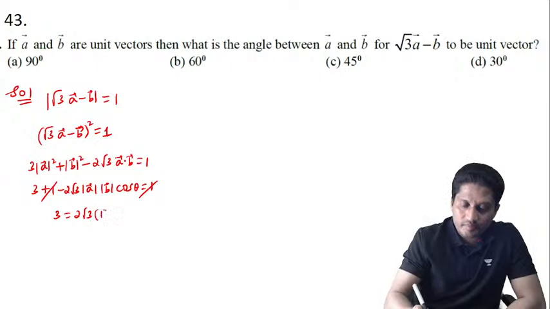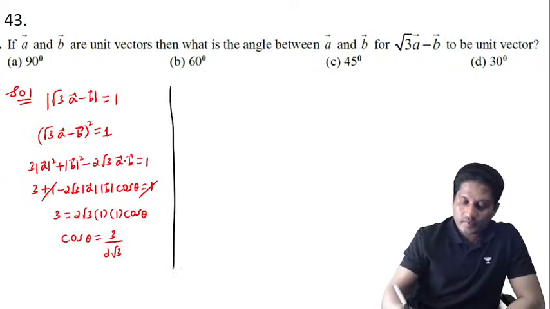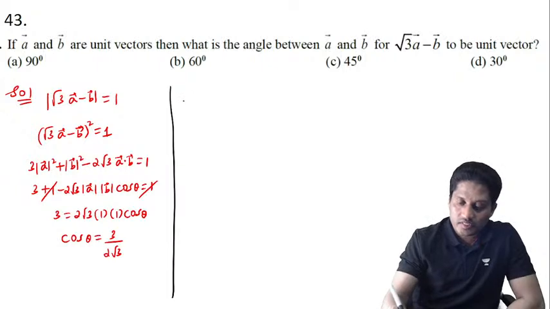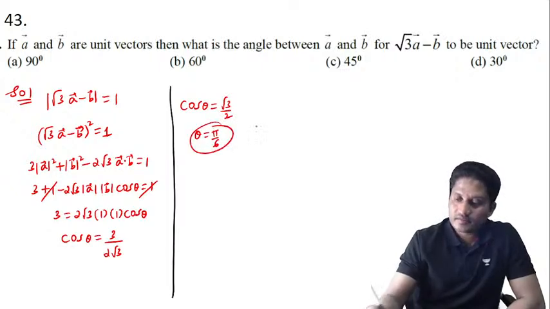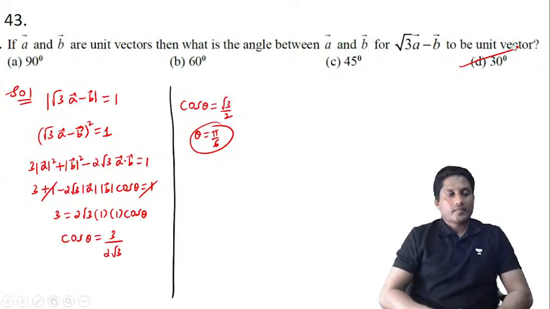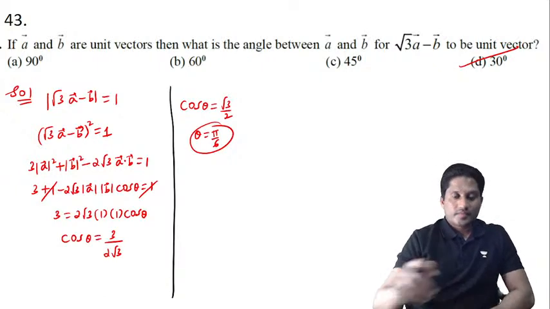Mod A is 1, mod B is 1 into cos theta. Now this cos theta is equal to 3 divided by 2 root 3. Alright, now cos theta is equal to root 3 by 2. Cos theta is root 3 by 2, theta is equal to pi by 6, that is 30 degree. Answer is option D. Right, let's move to the next question.